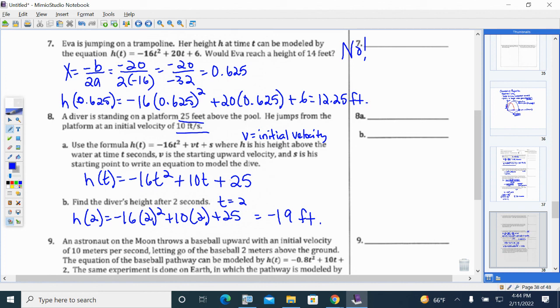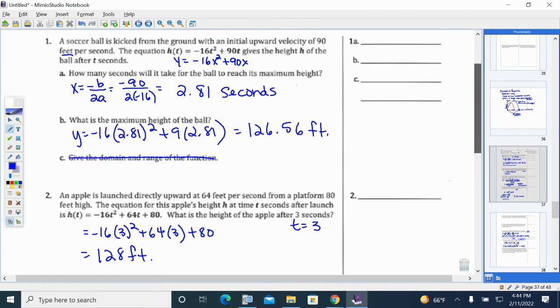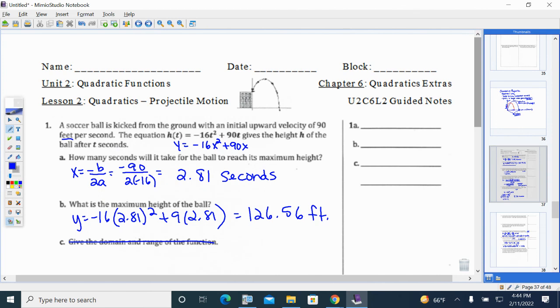So sometimes you have to look at the problem to make sure that the answers you're getting are actually making sense. And this one does because he's diving into water. So those are the examples in your notes for chapter 6, lesson number 2 on projectile motion.